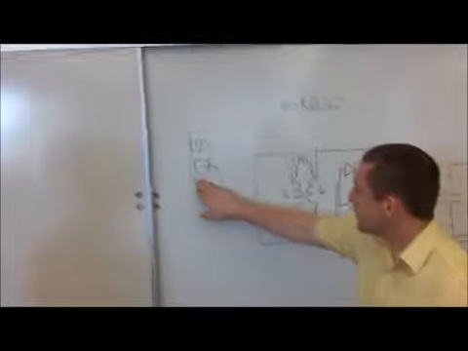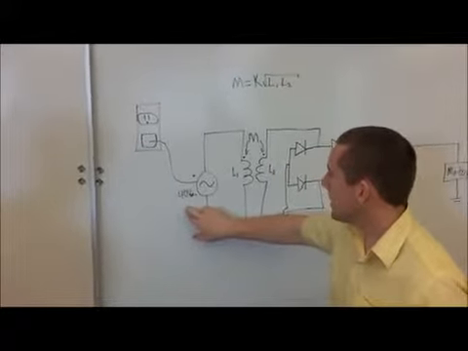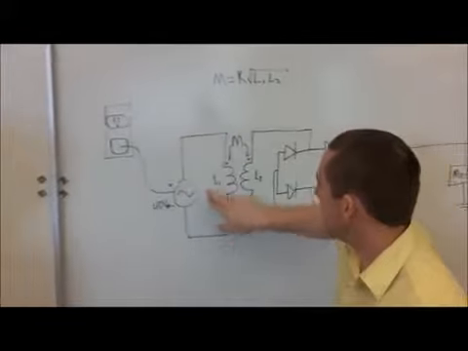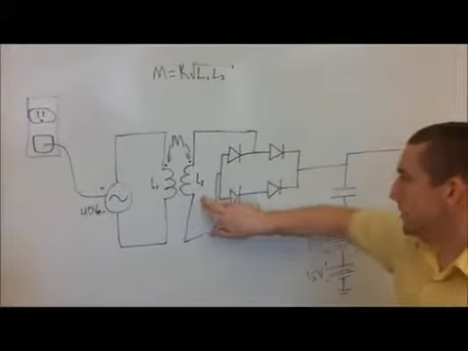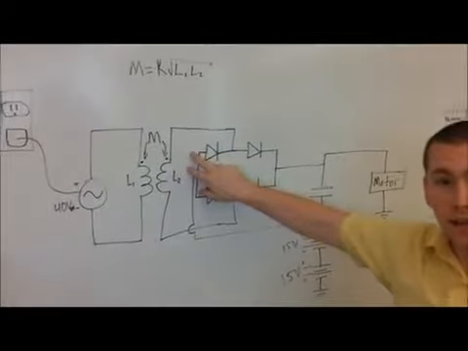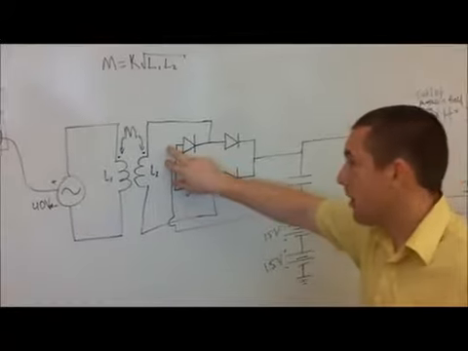We took a transformer that had about 40 volts coming out of it, and then we created a primary coil and a secondary coil. The secondary coil we connected to the bottom of a remote control car.